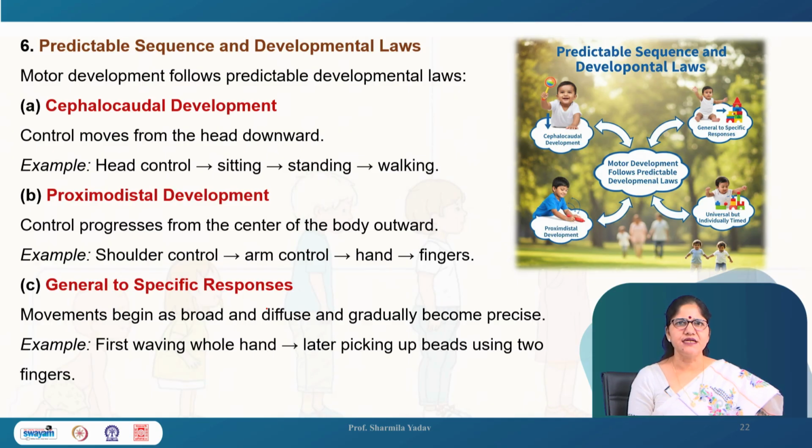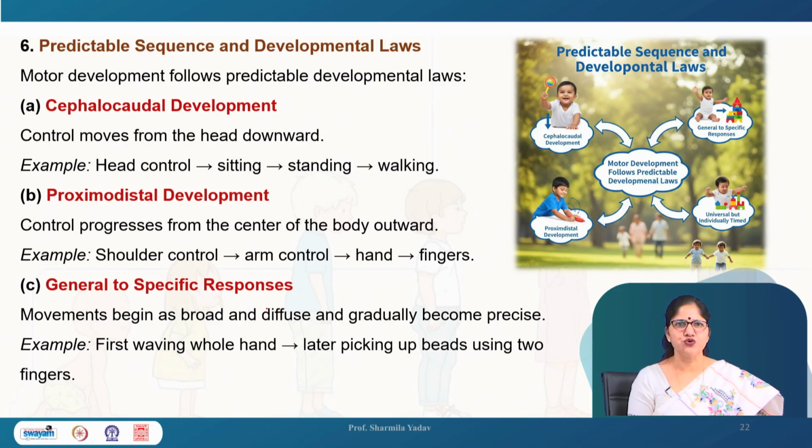Predictable sequence and developmental laws. Motor development follows predictable developmental laws. Cephalocaudal development: control moves from the head downward. For example, head control, then sitting, standing, and finally walking. Proximodistal principle: control progresses from the center of the body outward.